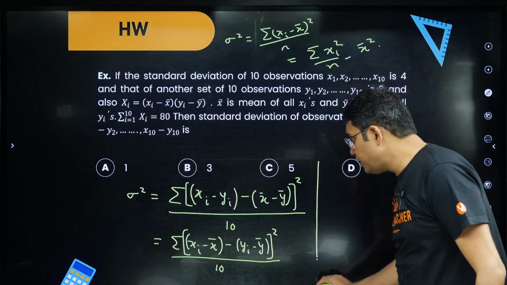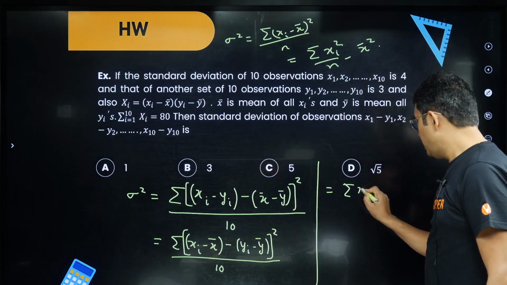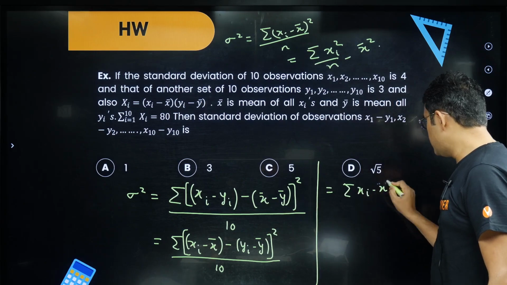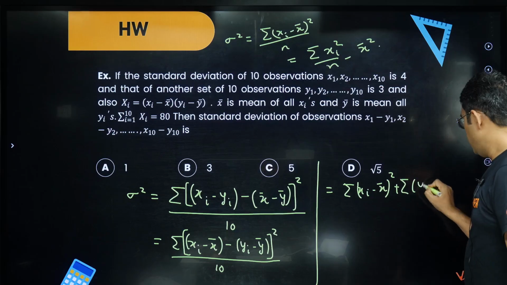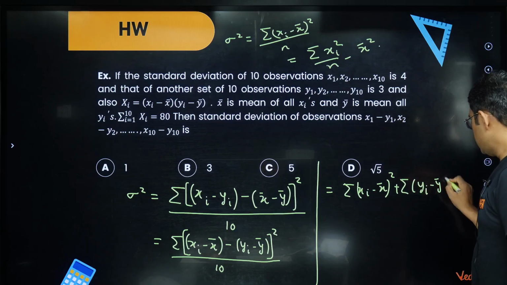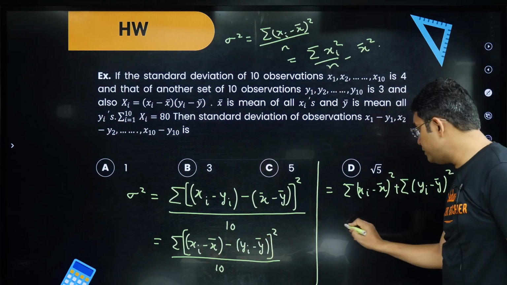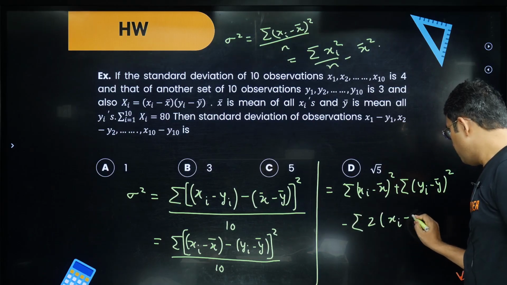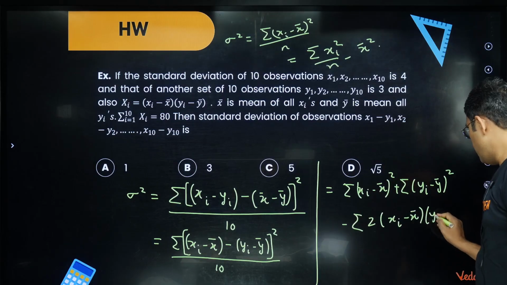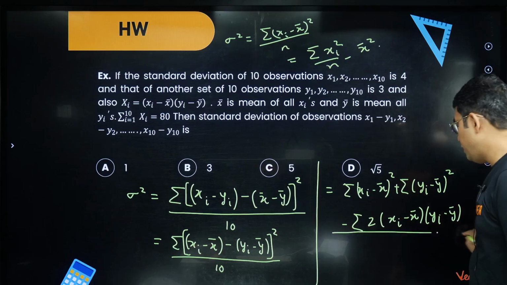Now dear students, if we open it, we will get summation xi minus x bar whole square plus summation yi minus y bar whole square, and then minus 2 times xi minus x bar into yi minus y bar, and this whole divided by 10.